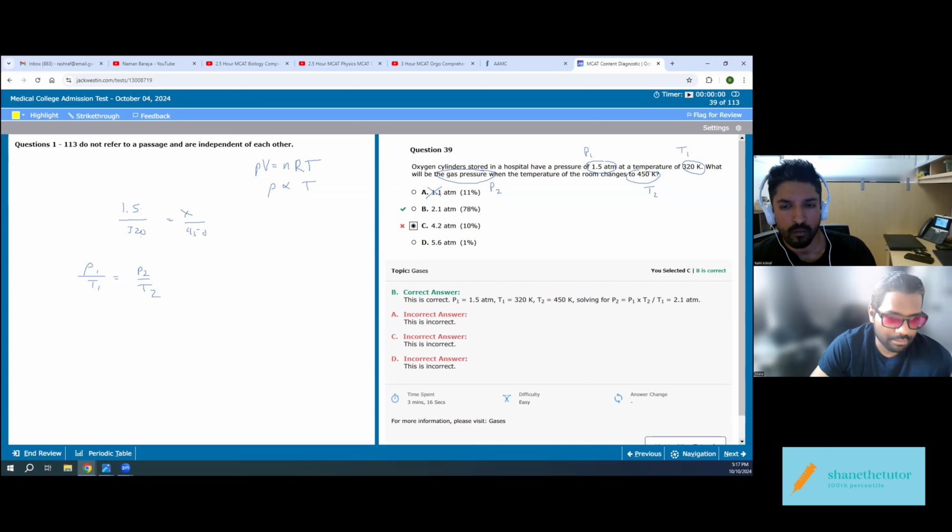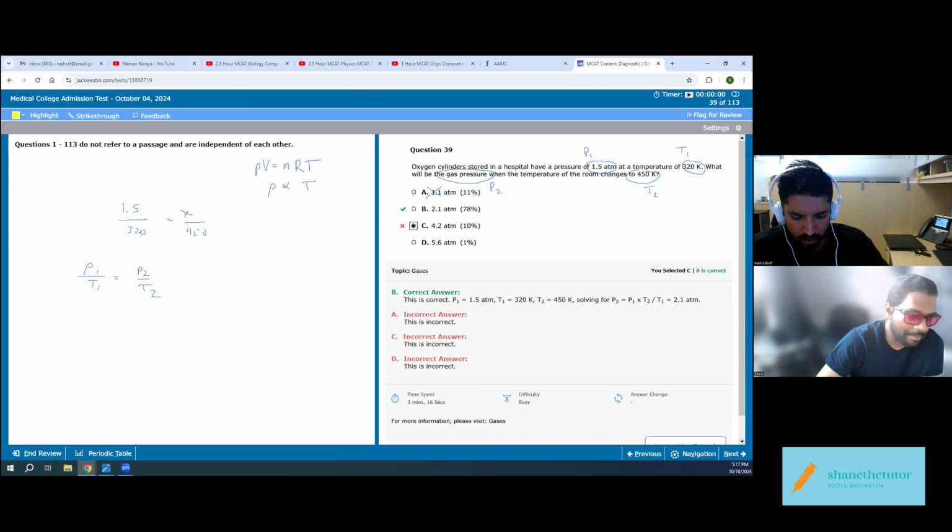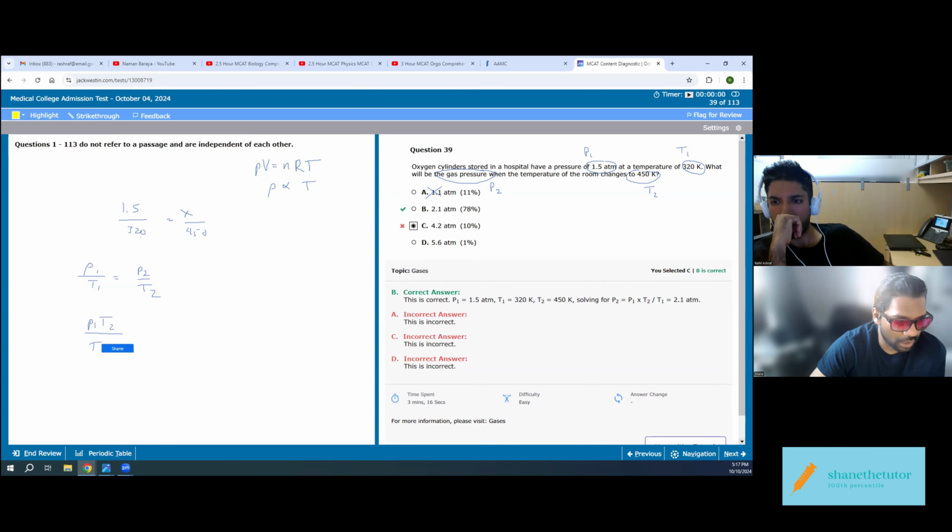I always like to write it out algebraically first, so multiplying T2 on both sides, P1 times T2 over T1 is equal to P2.